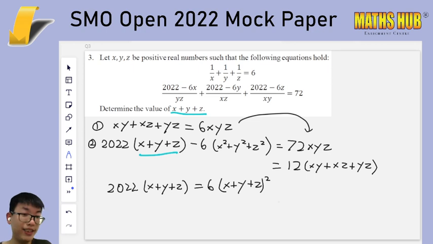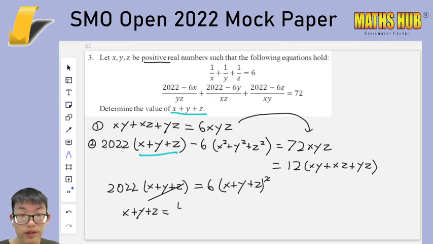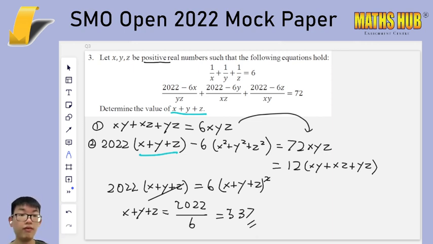Normally, I would suggest a substitution, but I think this is one case where we really don't need to substitute anything. They are positive, so x plus y plus z is non-zero, so we can just cancel off one factor of x plus y plus z and divide over by 6. So x plus y plus z is 2022 over 6. And there we go.